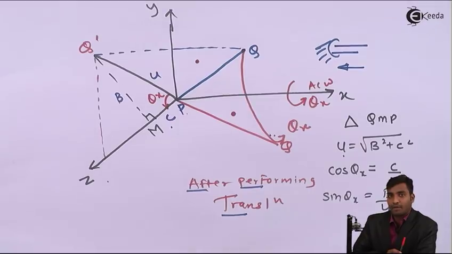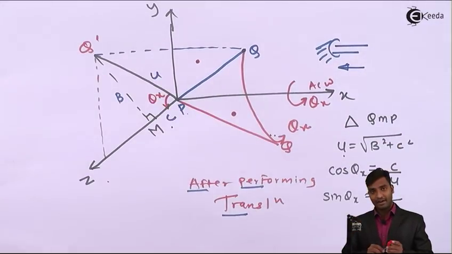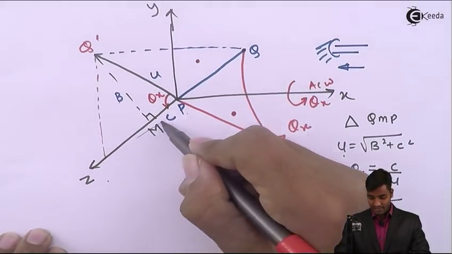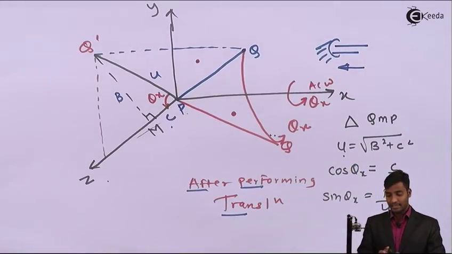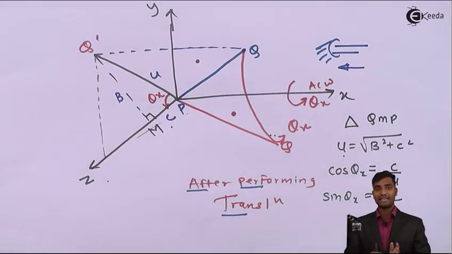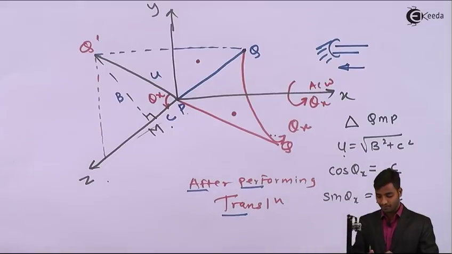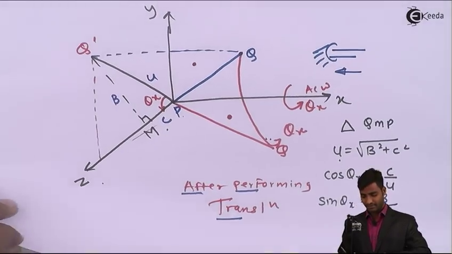So once we perform rotation by theta y degree about y axis, it will coincide with this z axis, and once it is coincided on z axis, we can easily perform rotation about z axis, which we want in this problem. So now the next step is rotation about y axis.